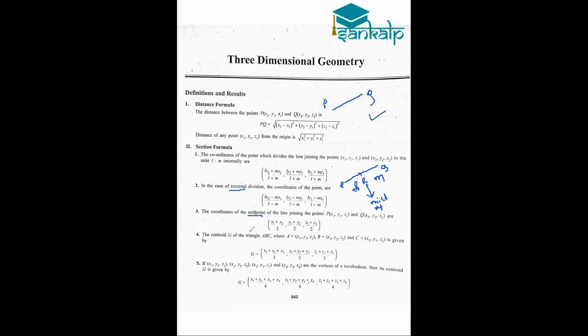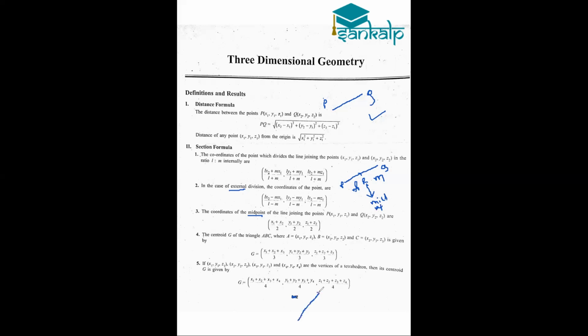Next, the centroid G of the triangle ABC, where A(x1, y1, z1), B(x2, y2, z2) and C(x3, y3, z3), is given by G equal to (x1 plus x2 plus x3) upon 3, (y1 plus y2 plus y3) upon 3, and (z1 plus z2 plus z3) upon 3. The point of intersection of the three medians of a triangle gives us the centroid.